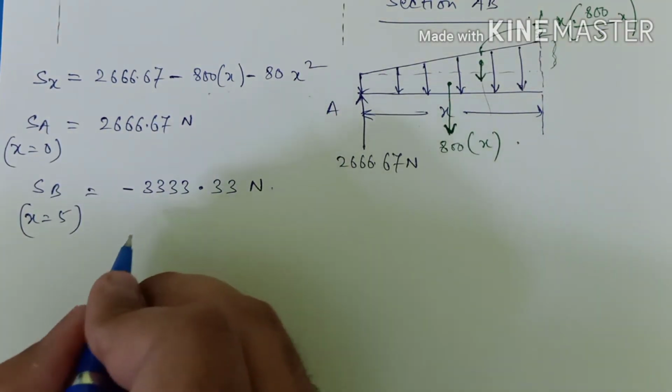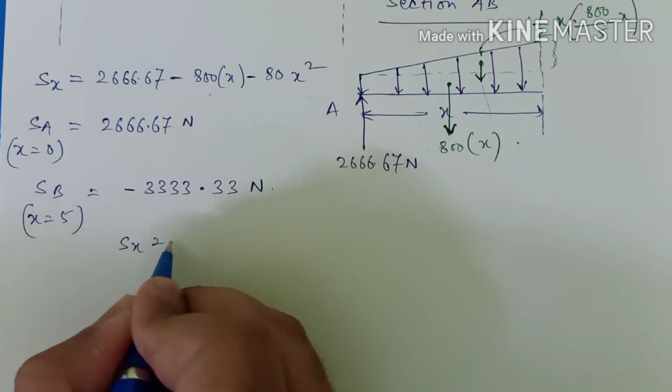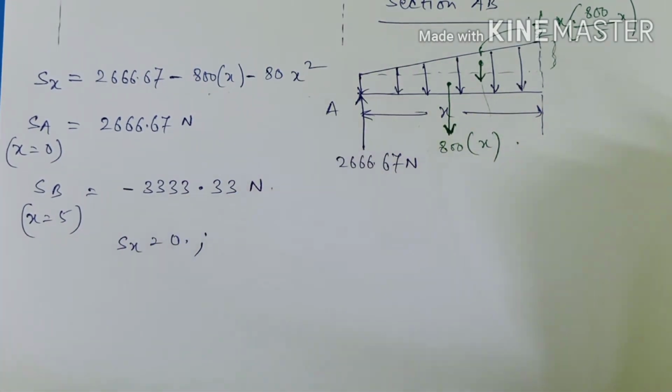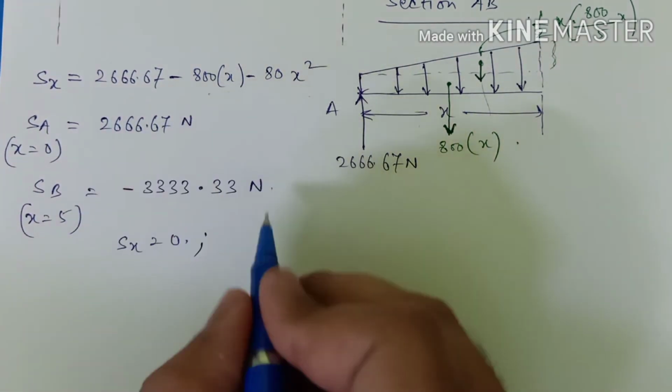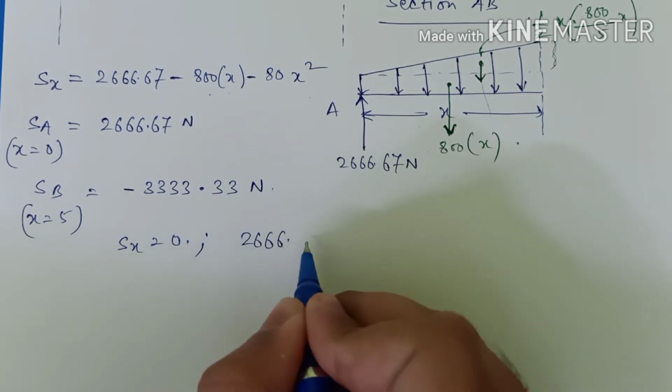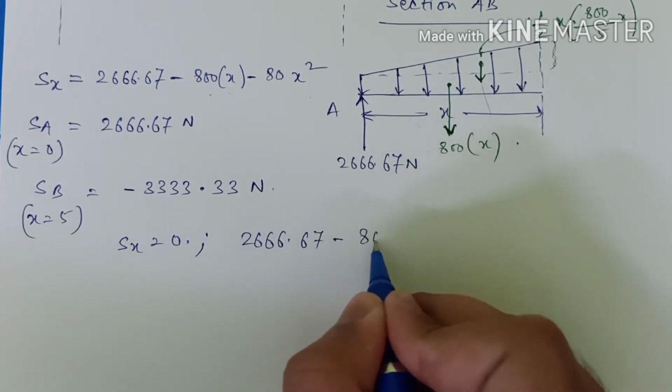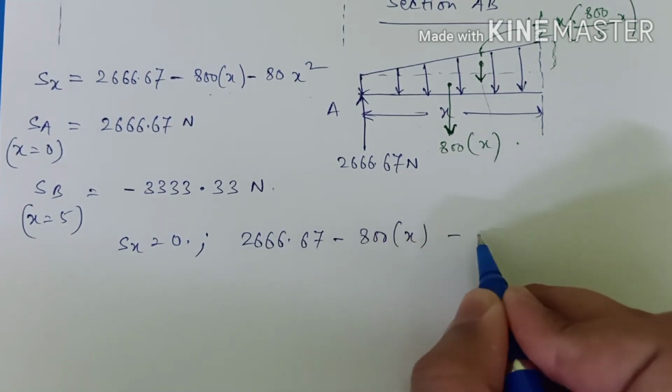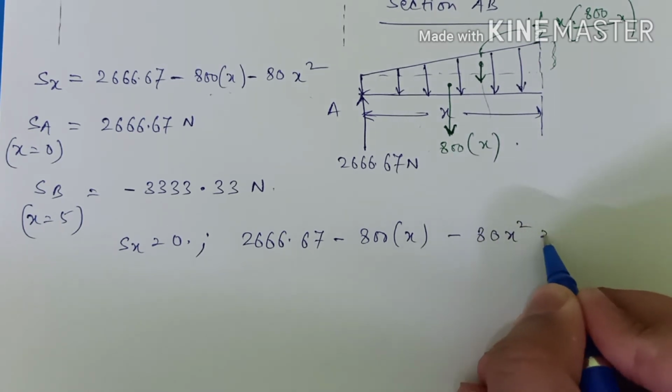So Sx will be 0. We are just finding the location of the inflection point. So 2666.67 minus 800x minus 80x squared will be equal to 0.